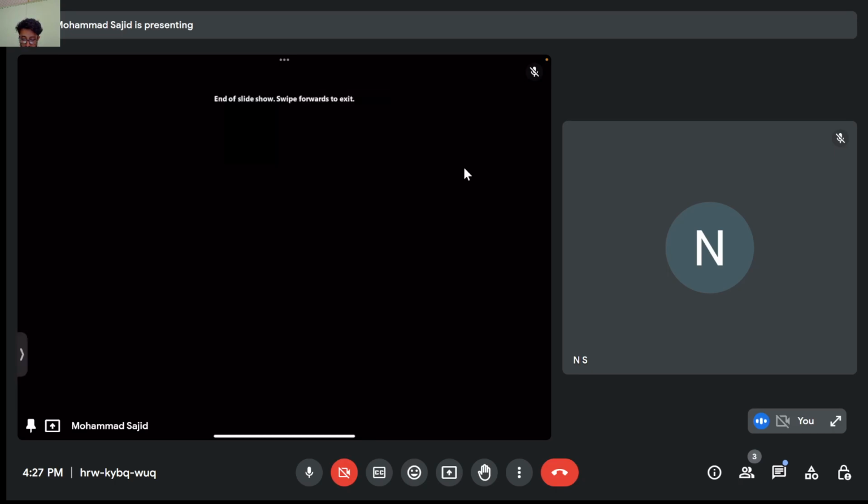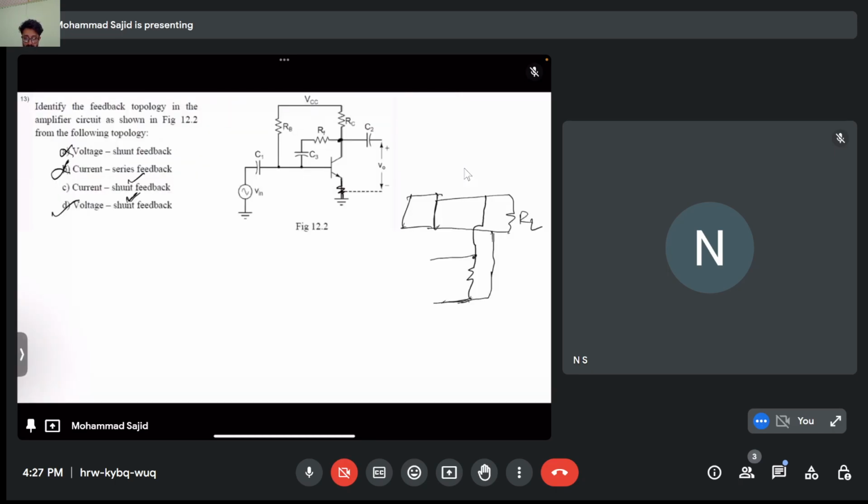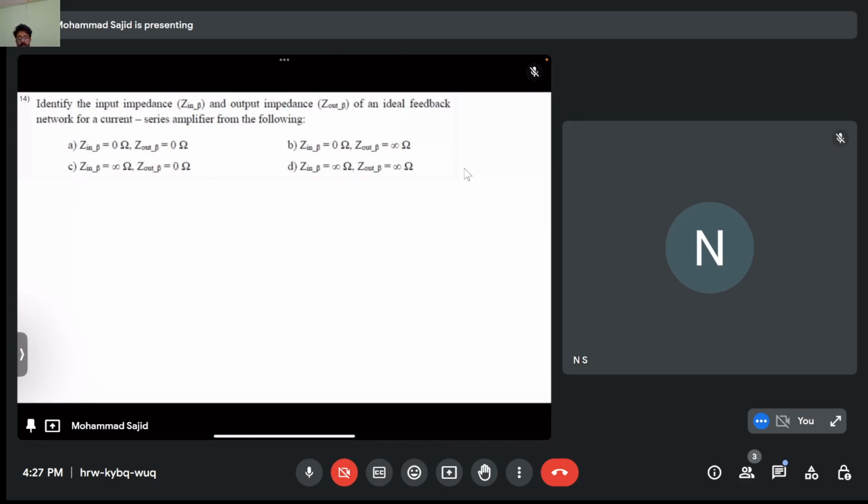So last question, I guess. Okay, this one is the last. Identify the input impedance and output impedance of the ideal feedback network for a current series amplifier. Current series amplifier.